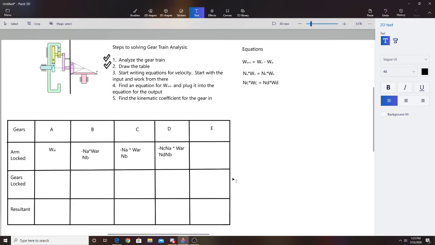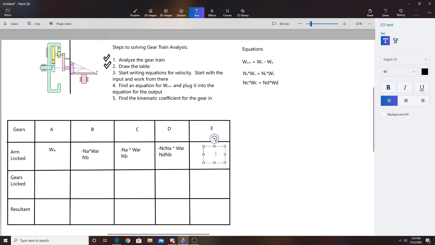Is it though? What do you mean same with C? Do you mean that it is since it's on the same arm? Since E is attached to the arm and the arm is not moving, are you saying that it's 0 because they're on the same shaft? Are you saying it's the same condition as C?